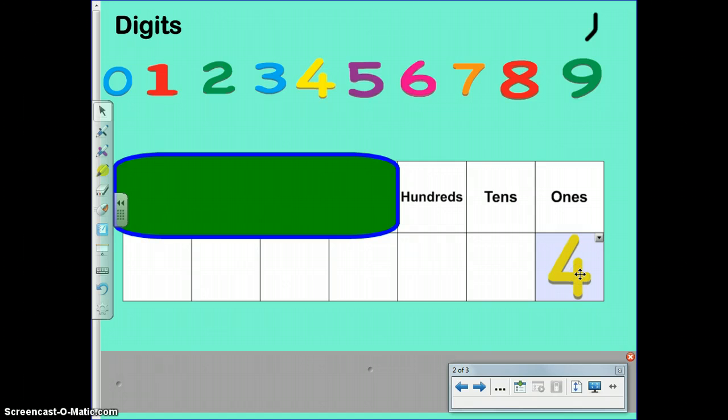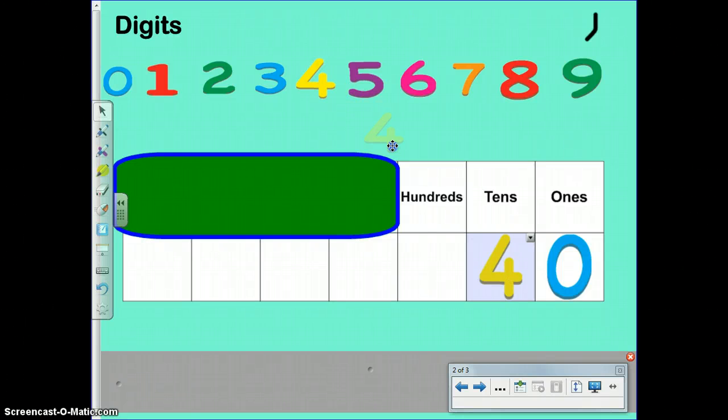However, if I take that same 4 and move it to the tens place, it no longer has the value of 4, but it has the value of 40. That's a big difference. If I had 40 apples, that's a lot more than 4 apples. It's the placement of that digit that gives that digit its value.